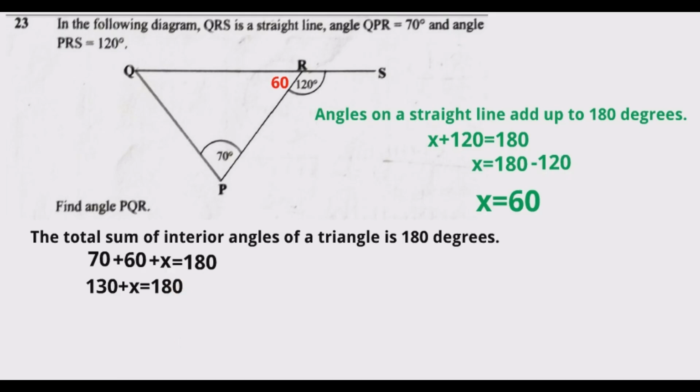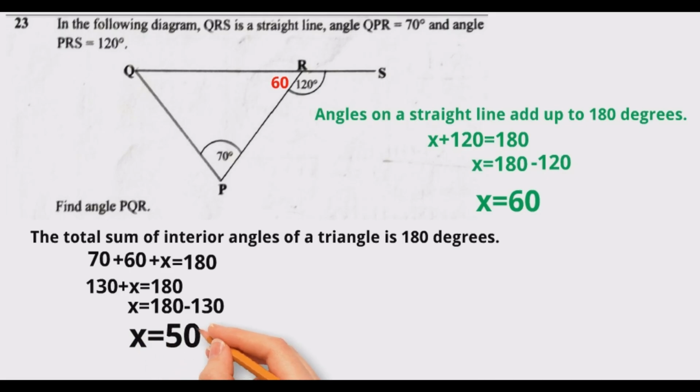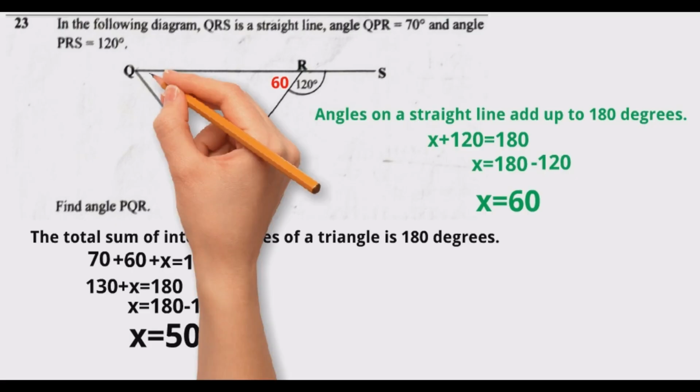Then we collect the like terms: X equals 180 minus 130. So X will be equal to 50. So PQR is equal to 50.